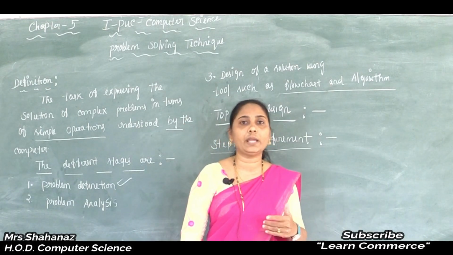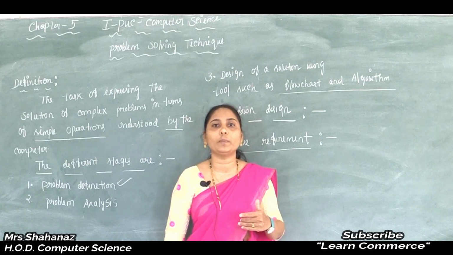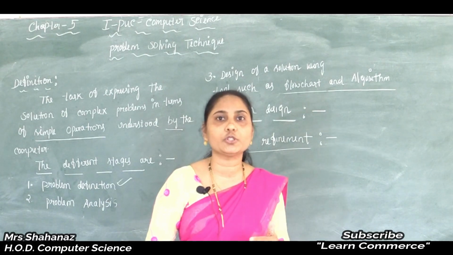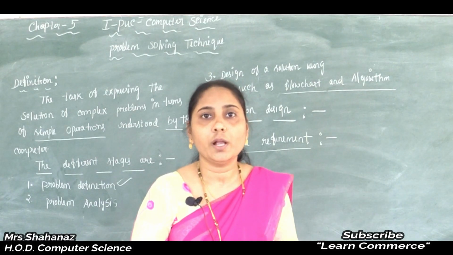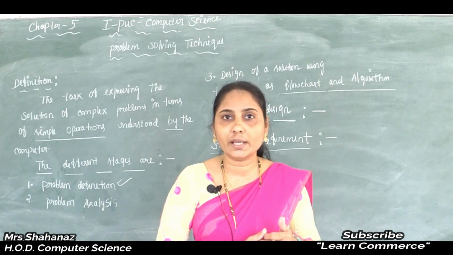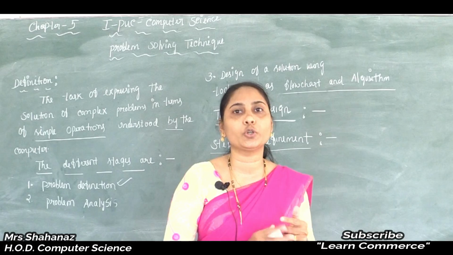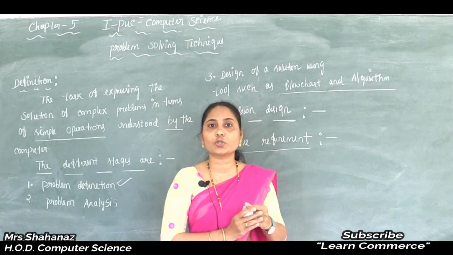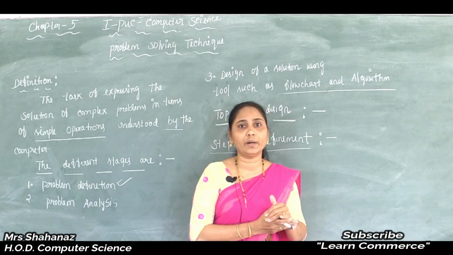So what are the things we need to know in our problem definition when we are going to solve any problem? The first point: the problem is clearly understood by the user, understood by the programmer. Is it?